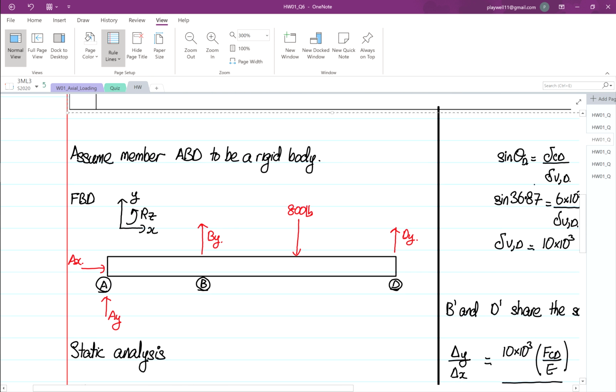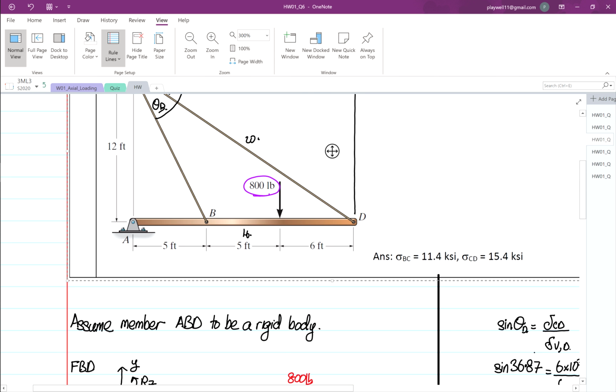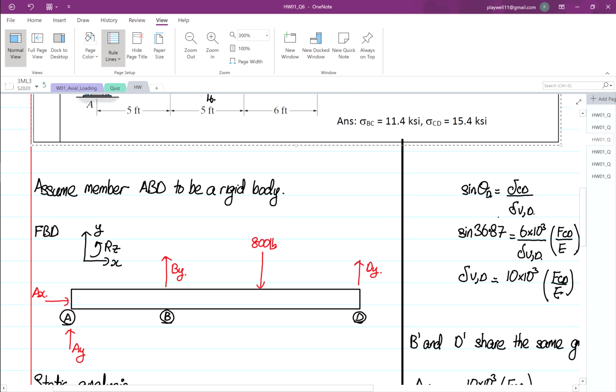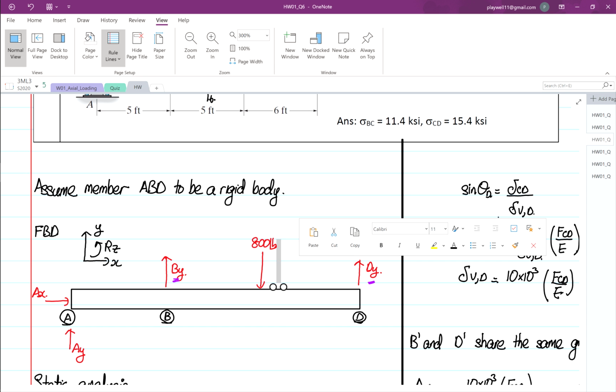So we assume member ABD to be rigid. To construct a free body diagram for this case, we know that both cables will be under tension, right? That's why DY is going up, BY is going up. We are not asked to find AX.